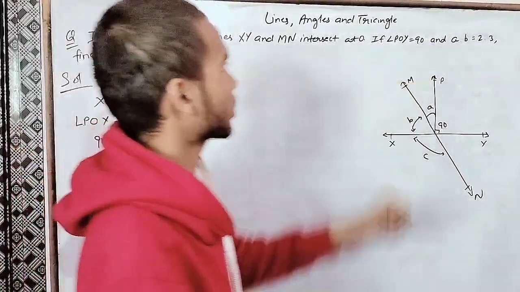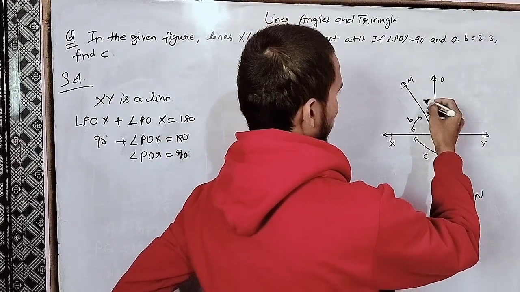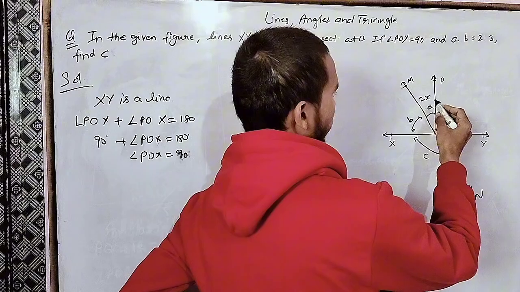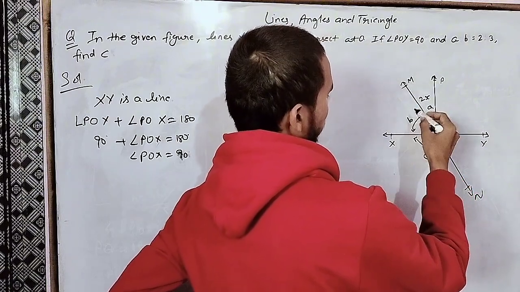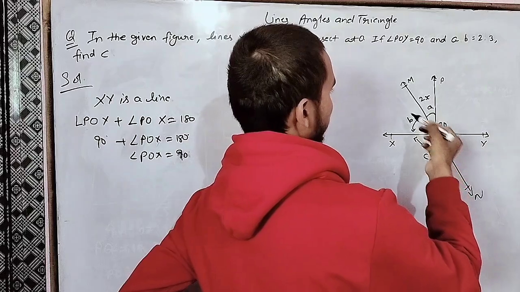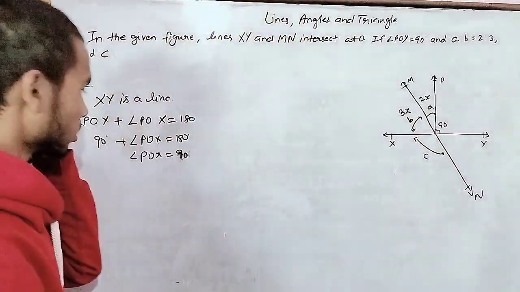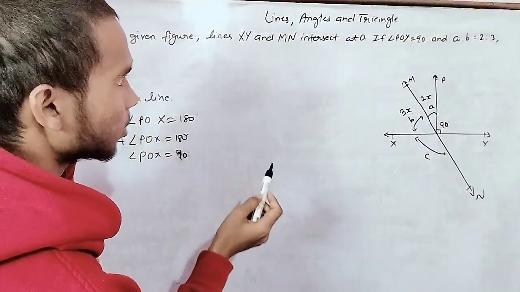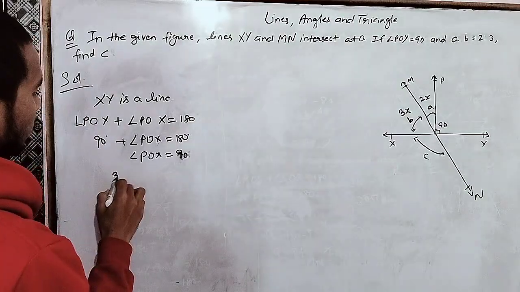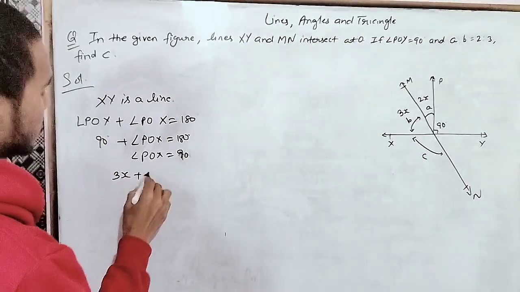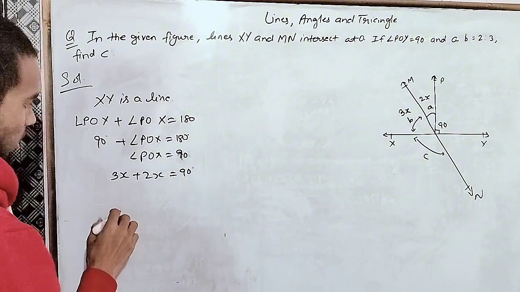And the question says that the ratio of this and this is how much? 2. We don't have the exact value of this, that's why we applied x, okay, to find the exact value, and 3x. So angle POX is what? Angle 3x and 2x is how much? 90 degrees.